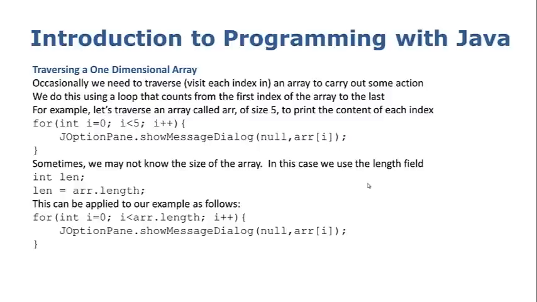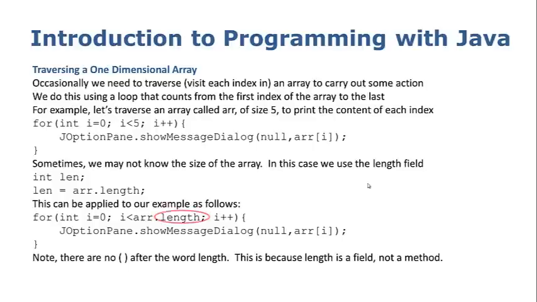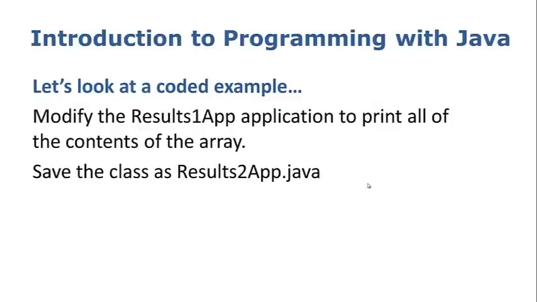This can be quite useful when we're doing different applications and we need to visit each space in an array where we may or may not know the length of that particular array. So again, just a reminder, there are no brackets after the word length. This is because length is a field, not a method, so watch out for that. We do use the brackets when we're getting the length of a string. We don't have brackets when we're getting the length of an array, so be mindful of that in your examples.